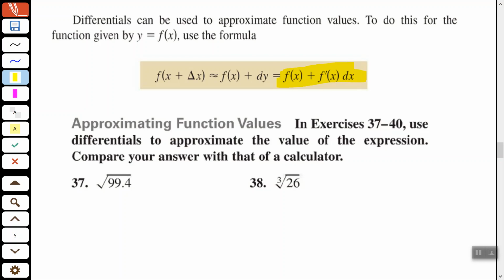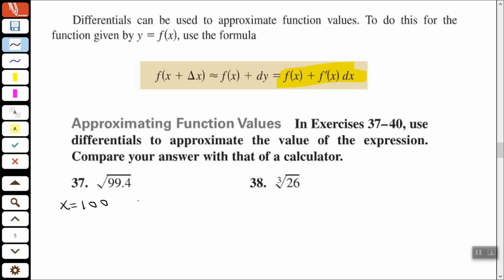All right, so we want to approximate the value of the expression, and then we'll compare that answer by using a calculator. So first of all, we need an approximation of what this square root is very close to. The first perfect square that 99.4 is extremely close to is 100. So for my approximation, I'm going to let x equal 100, because we know the square root of 100 is 10.